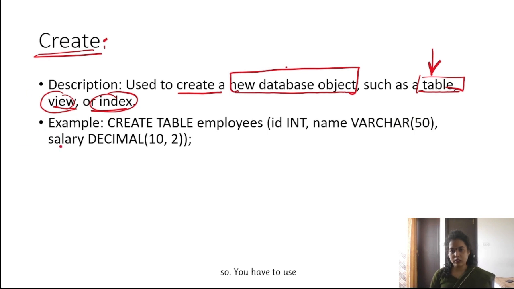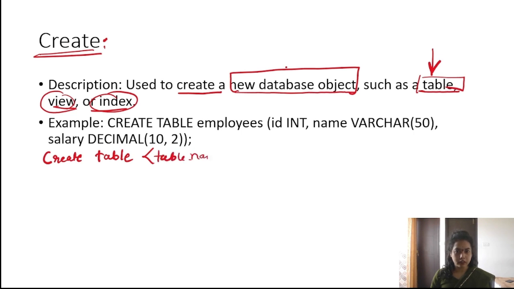You have to use the keywords create table, your table name, and in parenthesis you have to write the column 1 data type. If you want the constraint, it's not important.